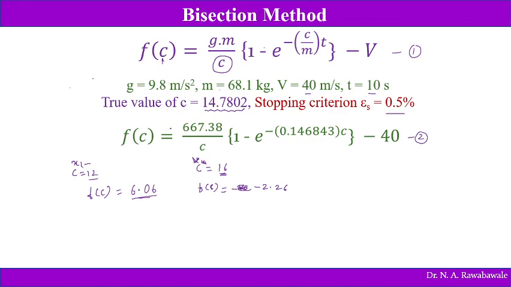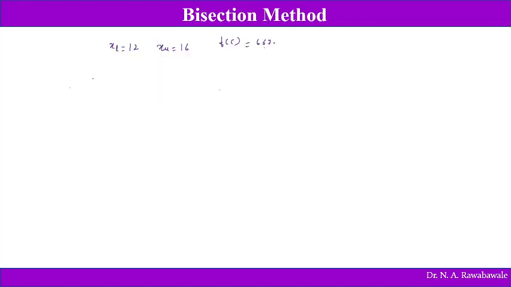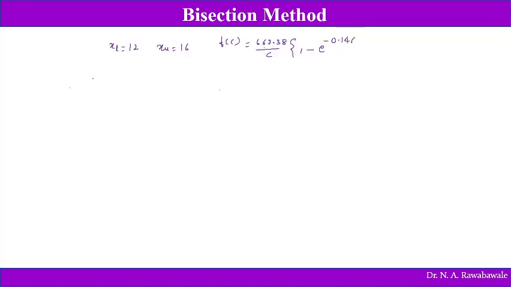To fill up this table, here xl we consider 12, xu we consider 16, and the function is given as f of c equal to 667.38 divided by c, in brackets 1 minus e to the power of minus 0.146843 into c, bracket close, minus 40.